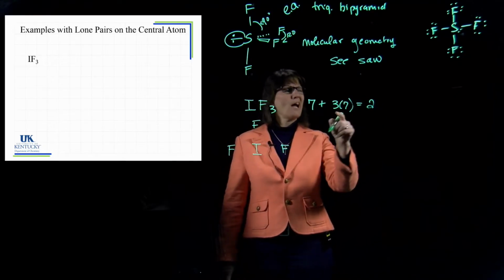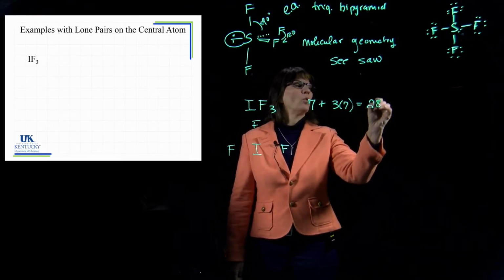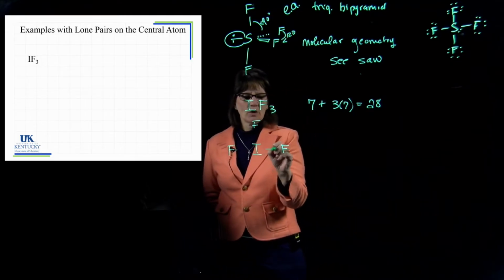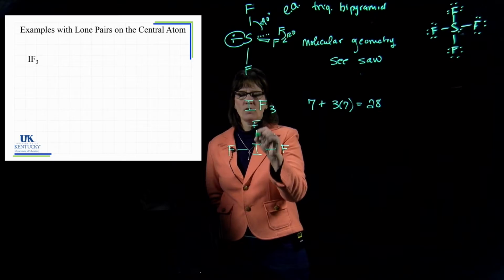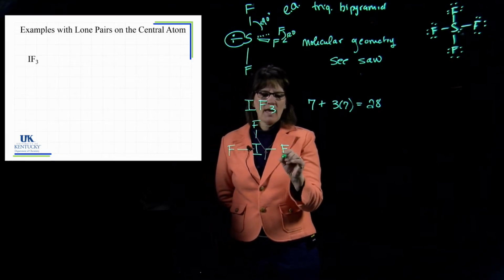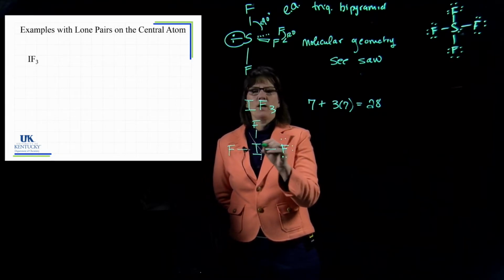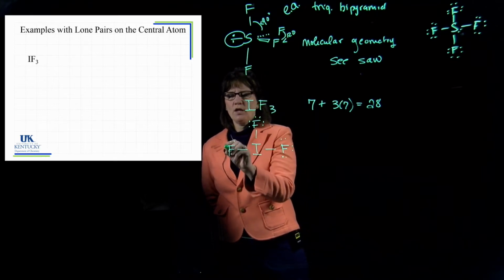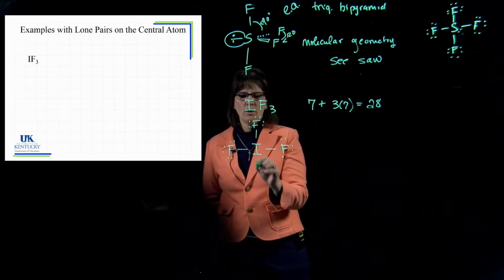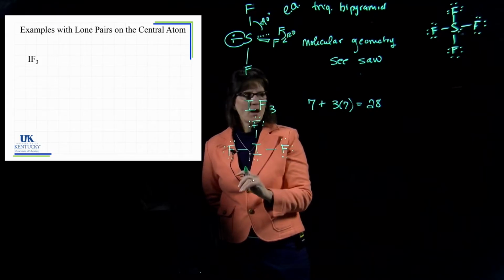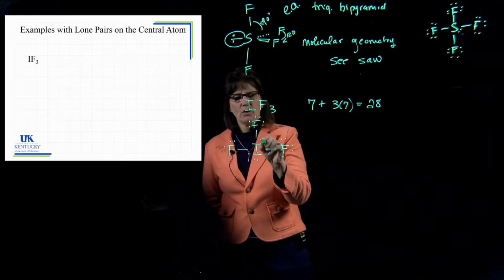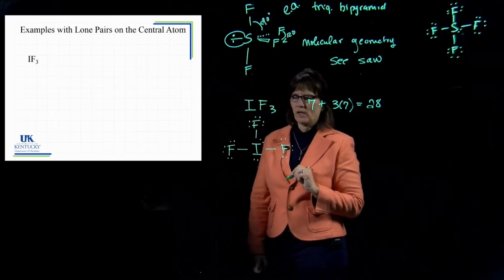That is 7 times 4, 28 electrons. Okay. So we start putting them in, starting with single bonds, 2, 4, 6, moving out here, 8, 10, 12, 14, 16, 18, 20, 22, 24, 26. Now everybody has an octet, but I have to use 2 more. So I'm going to put them also on the central atom. And now I've used 28.